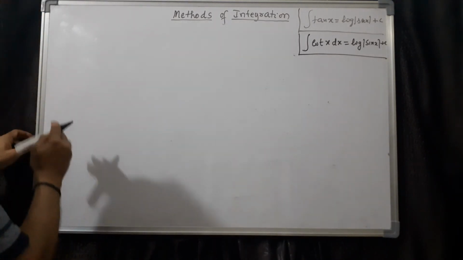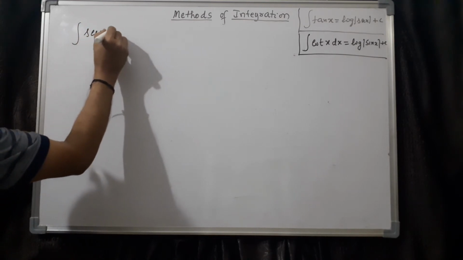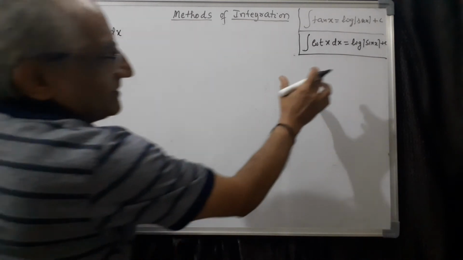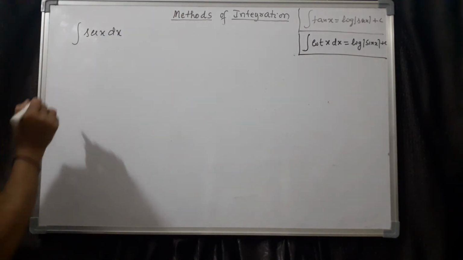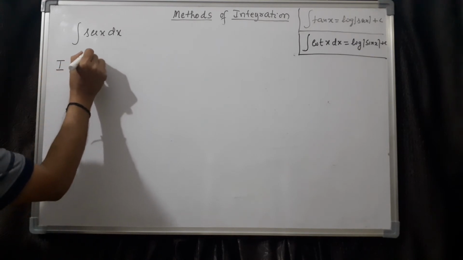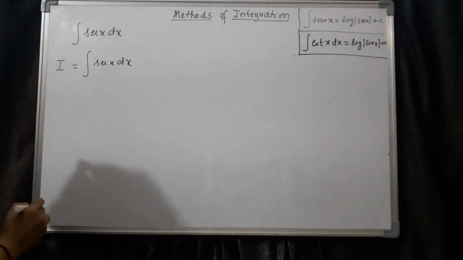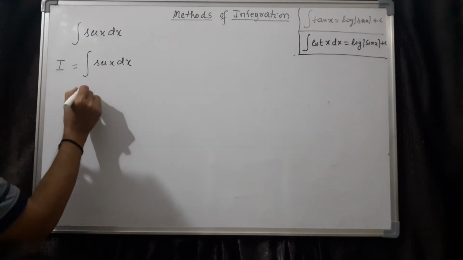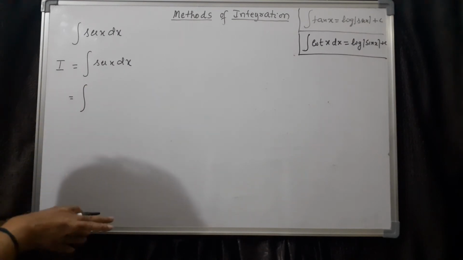So let us take the integration of secant x dx. This will be the third formula, and the fourth one after. Now, of course, this is a bit peculiar. So what I have to do is, that's why it is peculiar, you have to add something of your own.